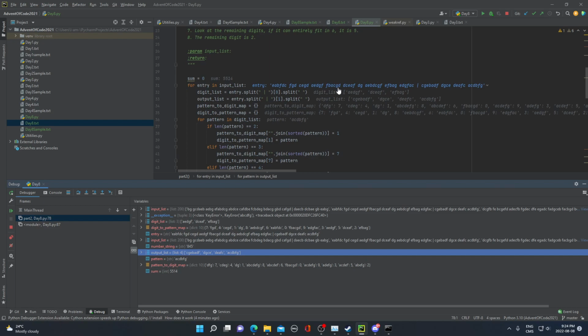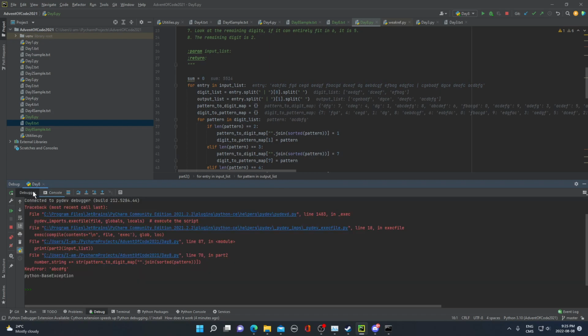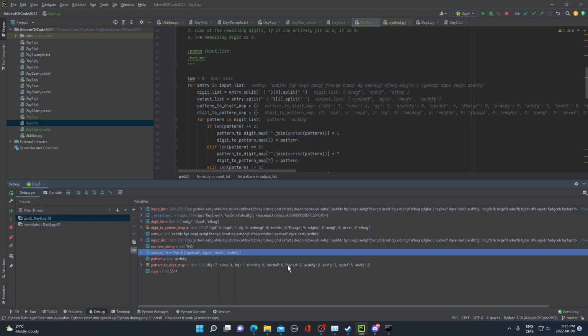Why is this not sorted correctly? A, B, C, D, F, G.